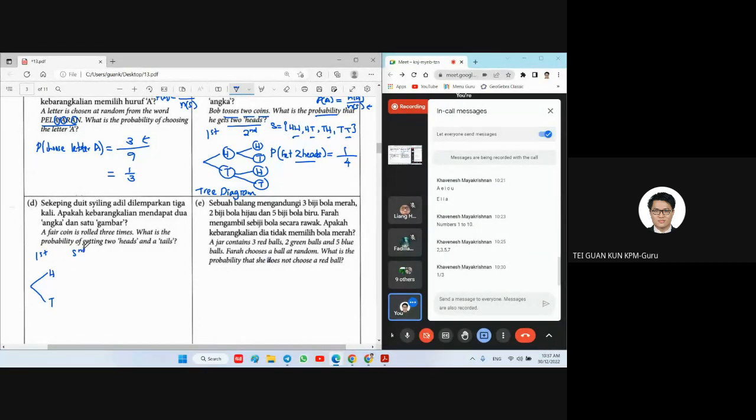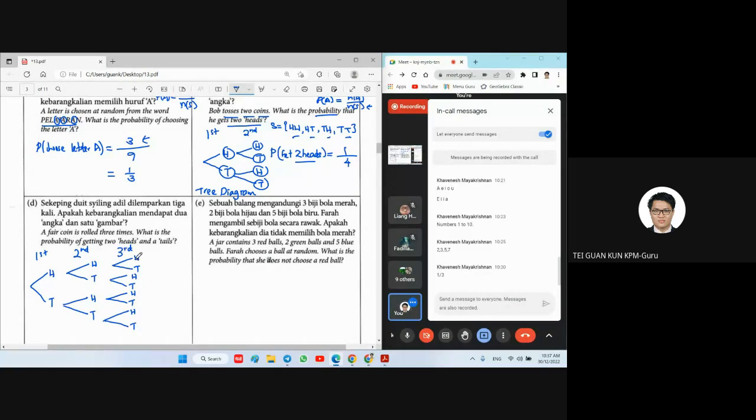Second coin. Second coin, you also will get head, tail. Head, tail. Ini macam tadi lah. Cuma sekarang kita ada kali yang ketiga, third time. Third time, you also will get head, tail, head, tail, head, tail, head, tail.